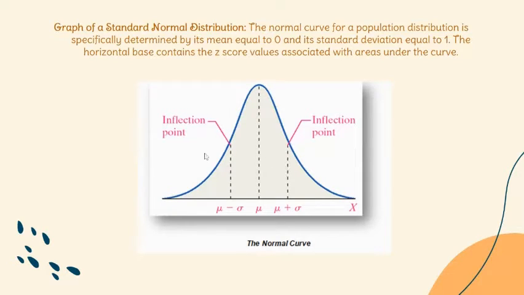Your inflection point is where the curve changes the direction of its bend and goes from bending upward to bending downward, or vice versa. And again, this is your mean and this is your standard deviation. And these will be your z-score values.